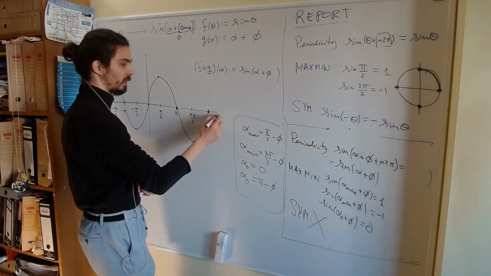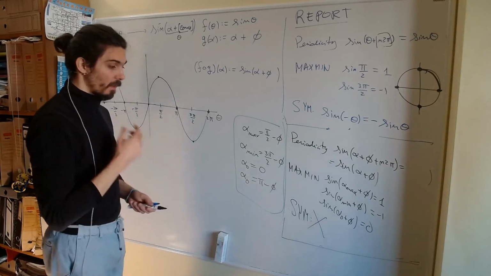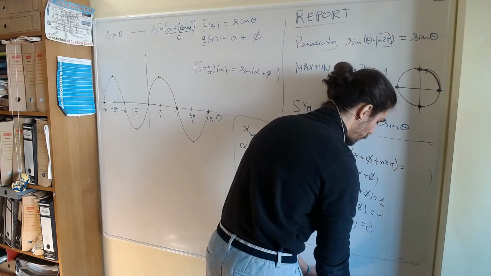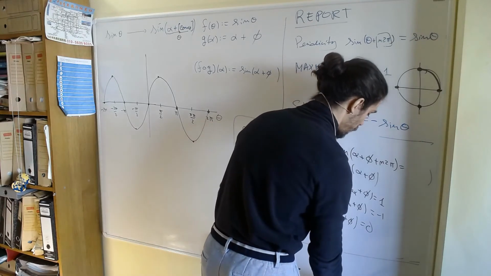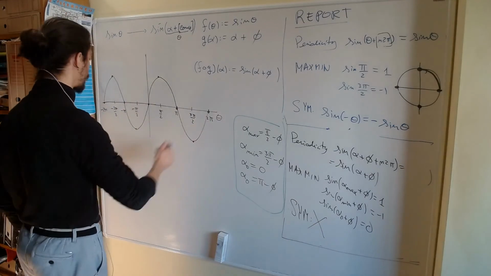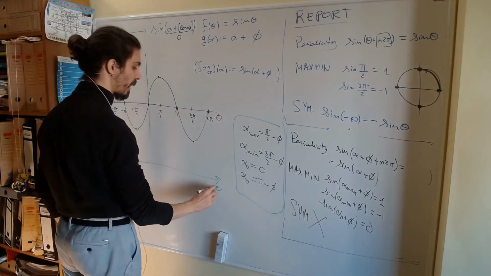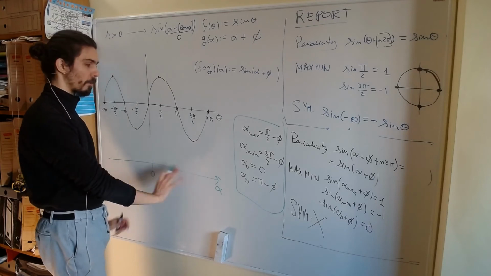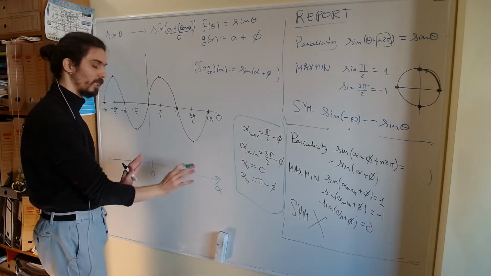So this axis is theta. Now, what I want to do is to draw the transformed function, the composite one. Notice that it is a function of alpha. So I would need another axis called alpha and draw the graph here, above these inputs.